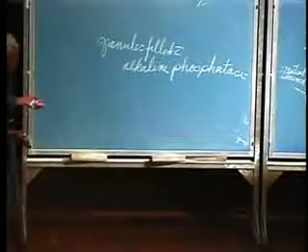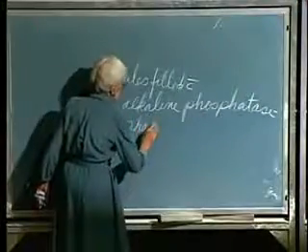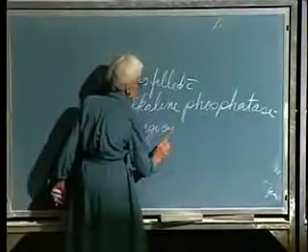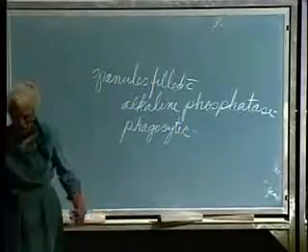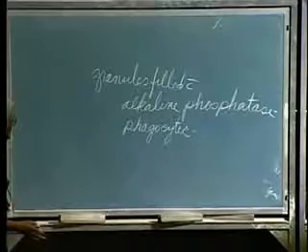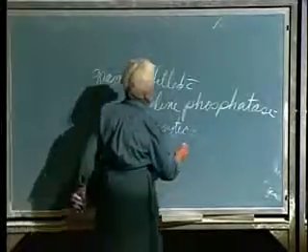The cells are phagocytic. So they can phagocytize a substance, and then the alkaline phosphatase will break it down.